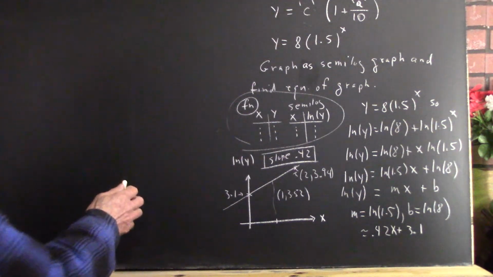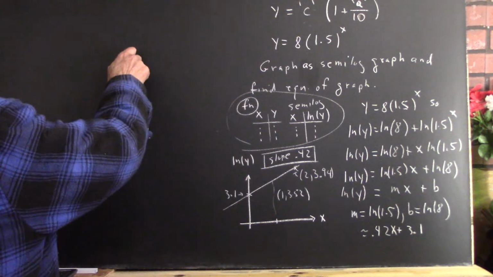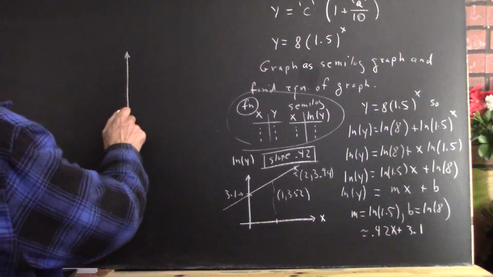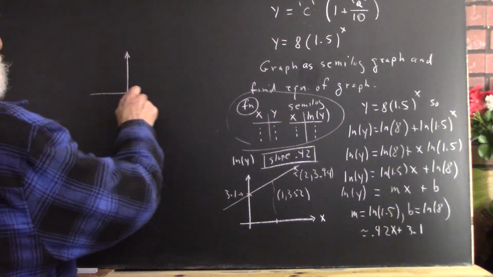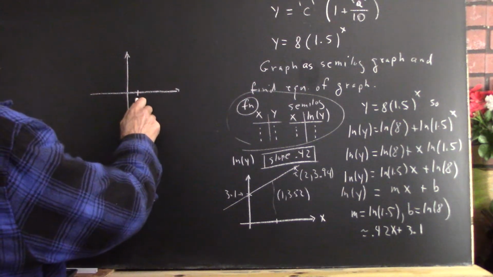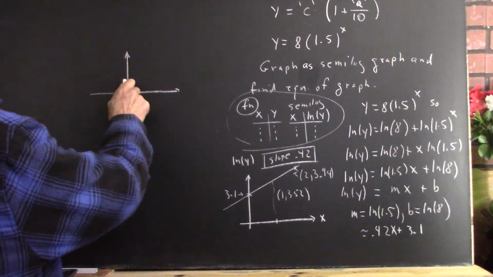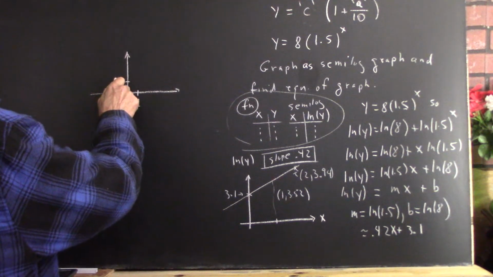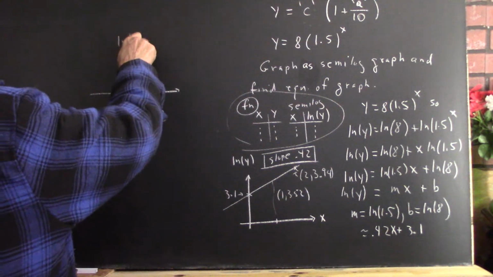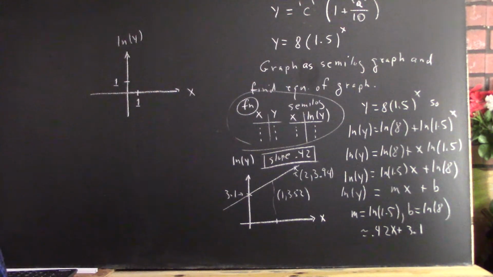Now let's suppose that we have a graph where 1 is here on this axis and 1 is here in this axis, and this is natural log of y versus x.